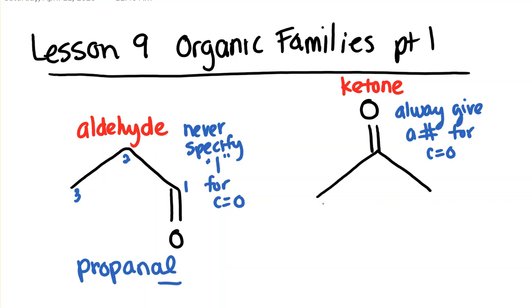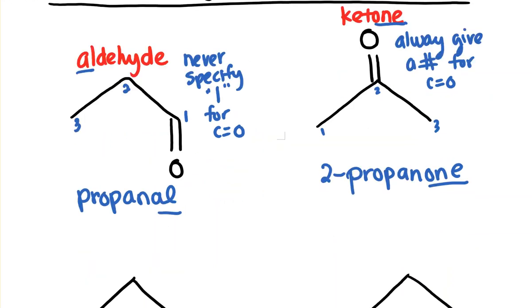This one is in the middle, so it doesn't matter which end I number from. It's going to be number 2. So I'm going to name this. It's on carbon number 2, so I'm going to say 2-prop, and then the ending is one. Keep that in, one. Okay, so the endings kind of tell you which family.